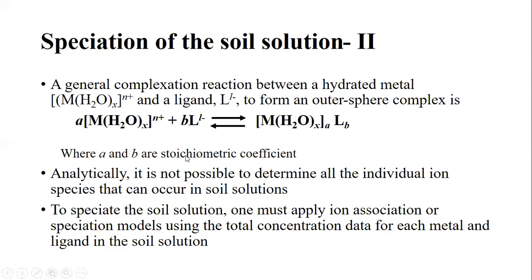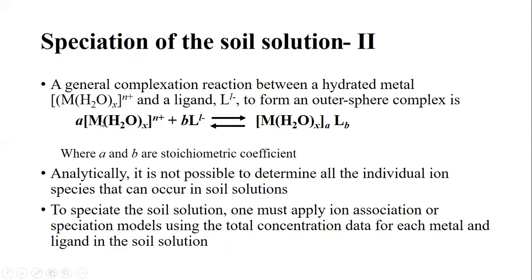A and B we call stoichiometric coefficients, to balance the equation. Remember, we always multiply the different parts of a chemical equation to balance.